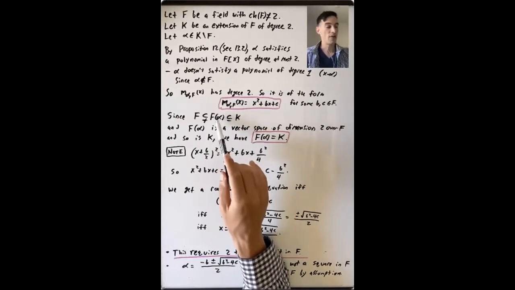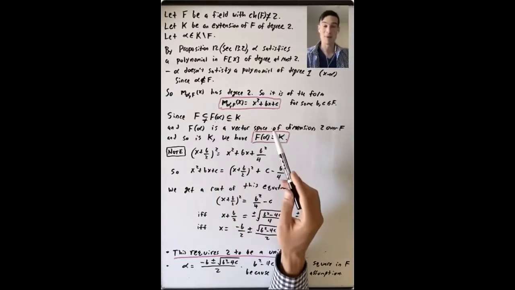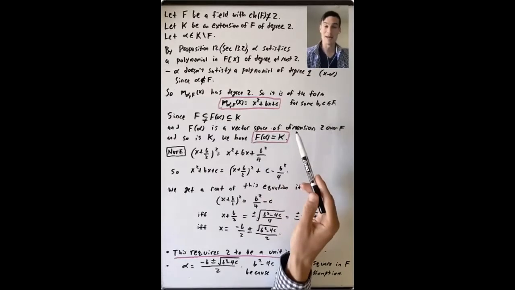So what do we know? F adjoin alpha is a vector space of dimension 2 over F. We have gotten this field by adjoining an element whose minimal polynomial has degree 2.